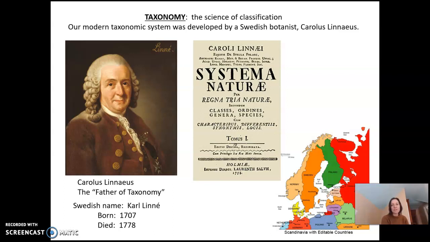So taxonomy is the science of naming and classifying organisms, and our current system was developed by a Swedish botanist named Carl Linnaeus. Carl Linnaeus is called the father of taxonomy. His Swedish name is Carl Linné, but he Latinized his name. And his system includes Latin-based names for all types of organisms.